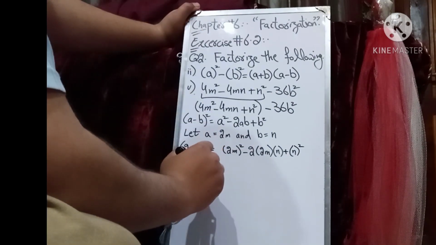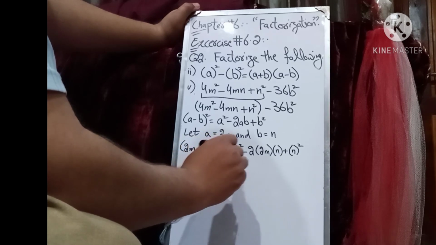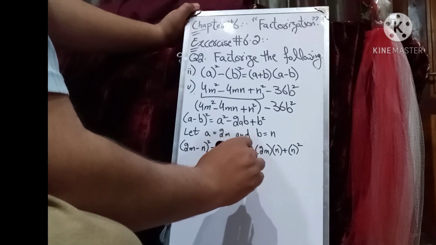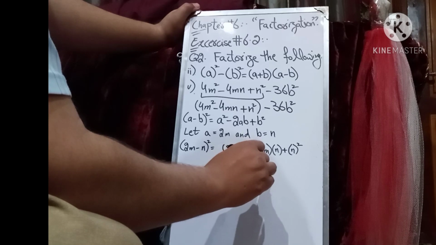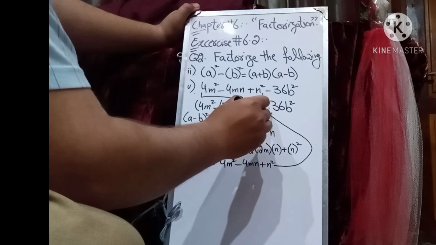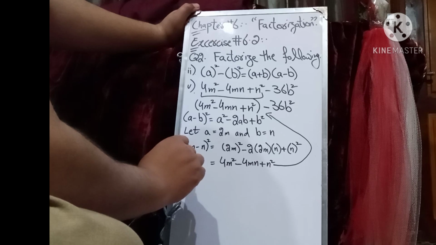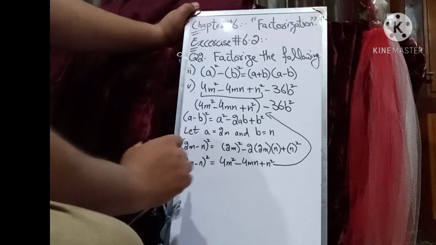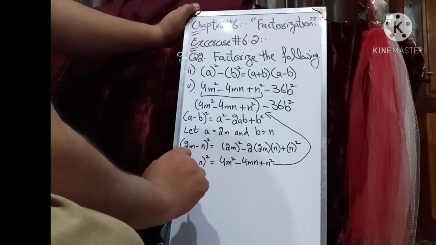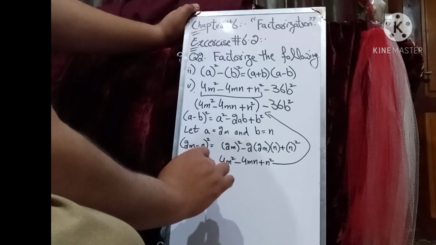So when you simplify it, you will get 4m square minus 4mn plus n square, which is the part of our question. So you can write 2m minus n whole square instead of this.